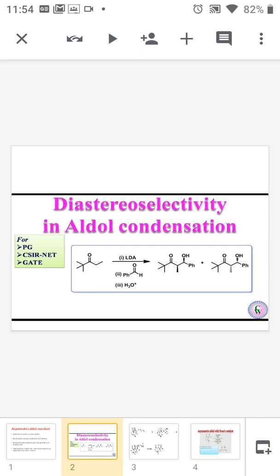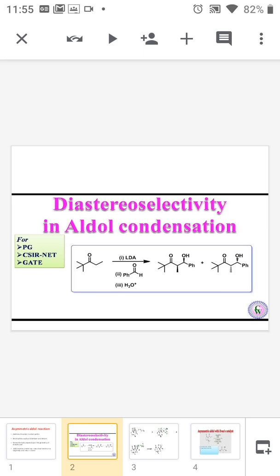Now we are moving into the Aldol reaction. Here we are using a ketone and we use LDA as the base. LDA will pick up one of the hydrogens near the carbonyl group and easily form an enolate. Then the aldehyde, PhCHO, is added.